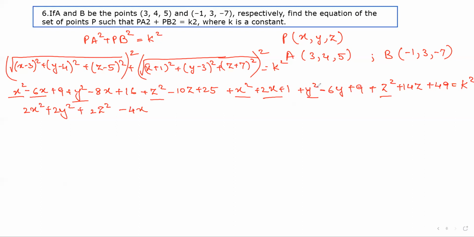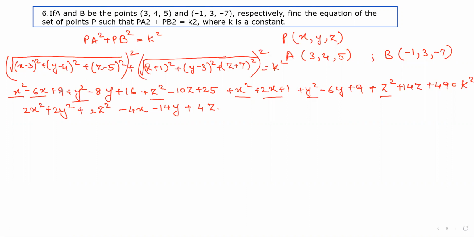Minus 8y minus 6y is minus 14y. Minus 10z plus 14z is plus 4z. So you have 2x square plus 2y square plus 2z square minus 4x minus 14y plus 4z.